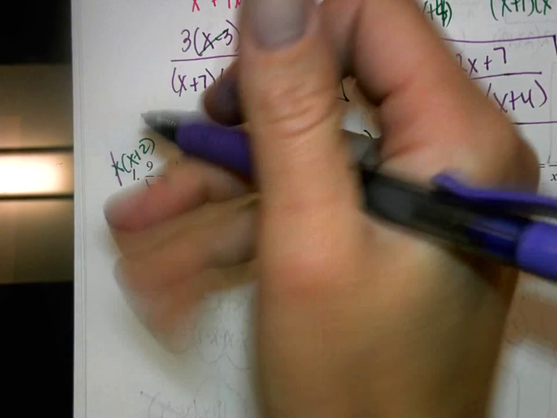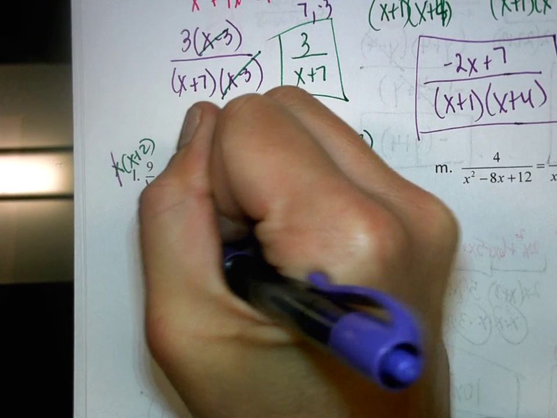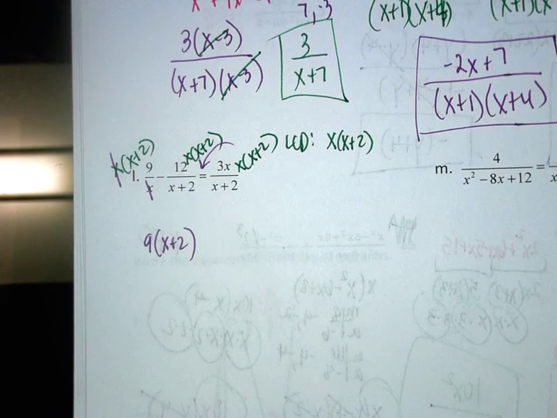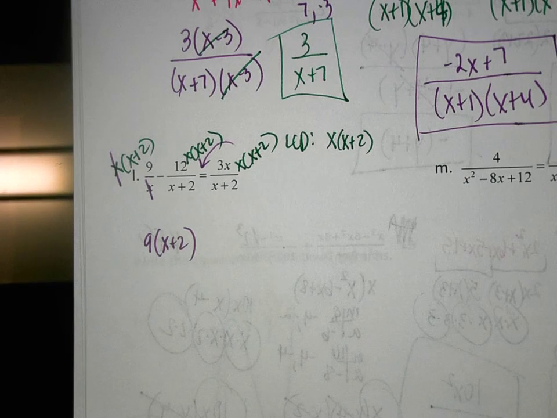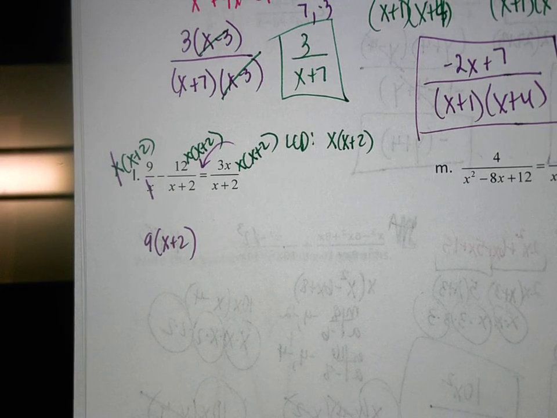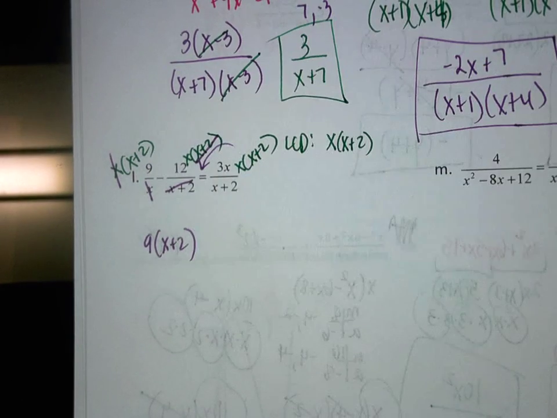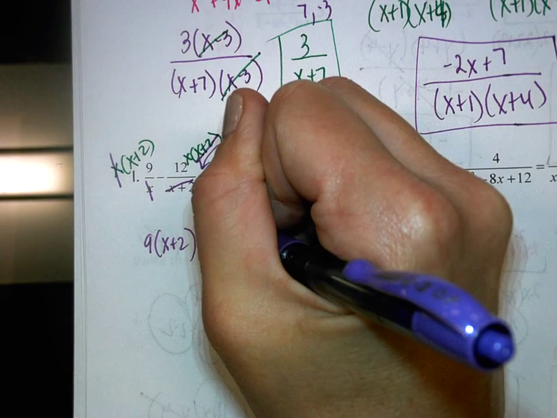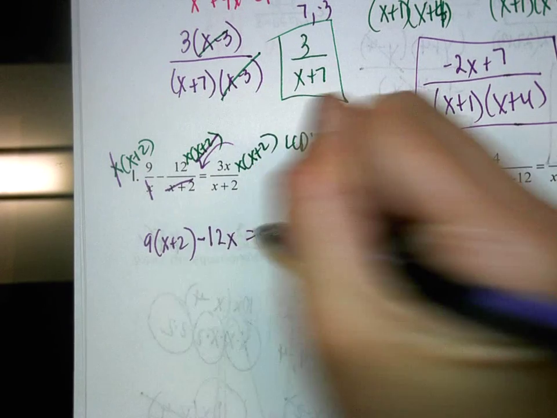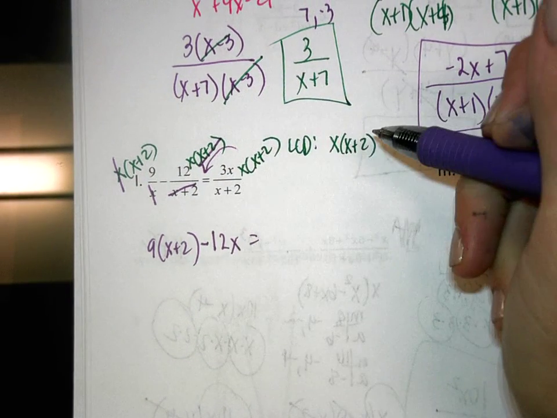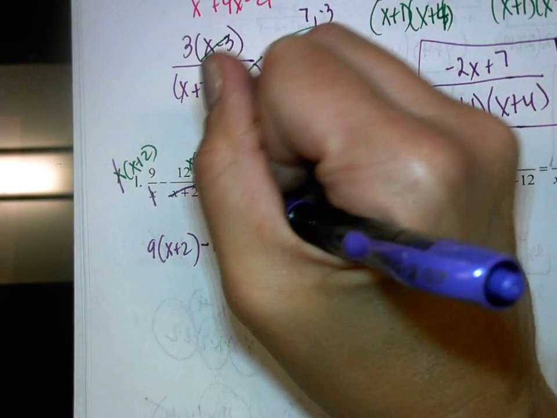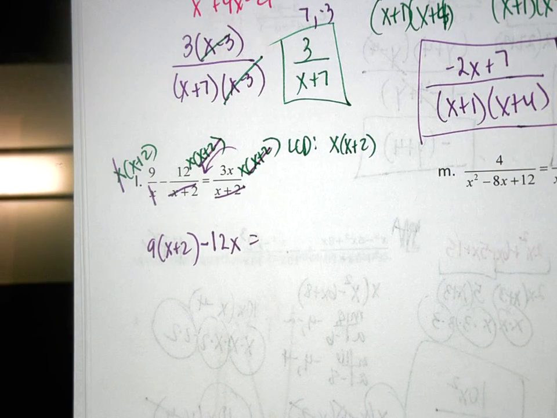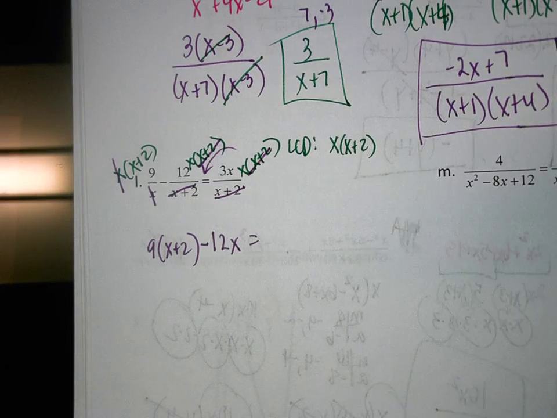I'm just gonna write this as 9 times x plus 2, and I'll distribute in a minute. Okay, what happens with the next fraction? Okay, and what am I left with there? And don't forget that minus sign is there, so minus 12x equals, and then what happens on the last one? Good. X plus 2's cancel, and 3x times x is? Very good.